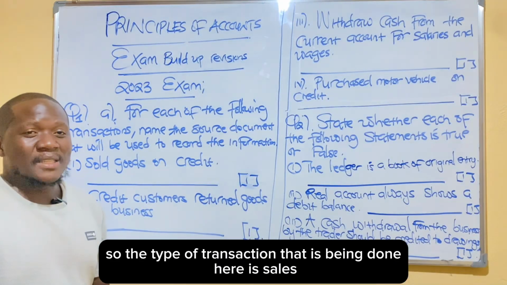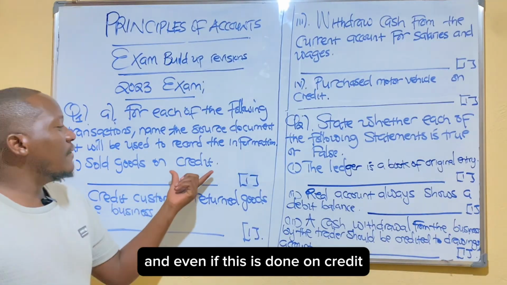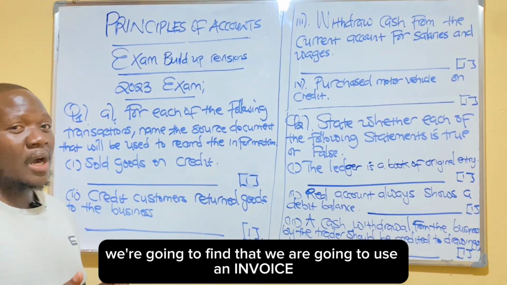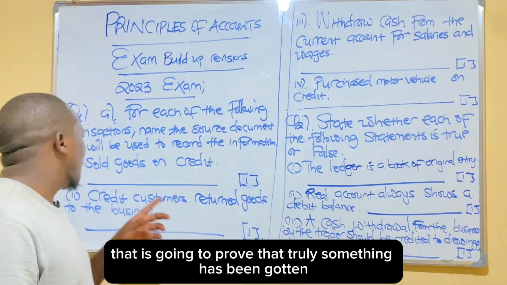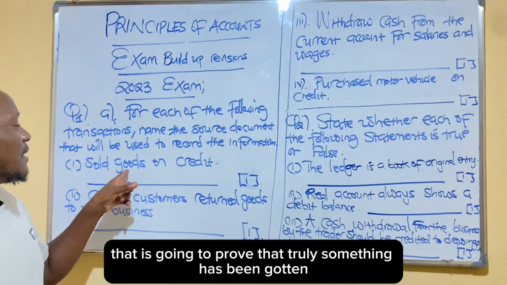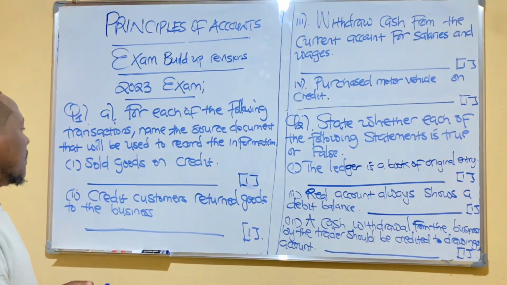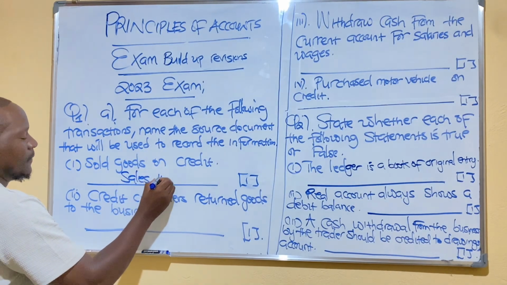The type of transaction being done here is sales. Even if this is done on credit, we're going to use an invoice that is going to prove that truly something has been gotten, even if it has not been paid for. So for this one, we're going to say sales invoice.